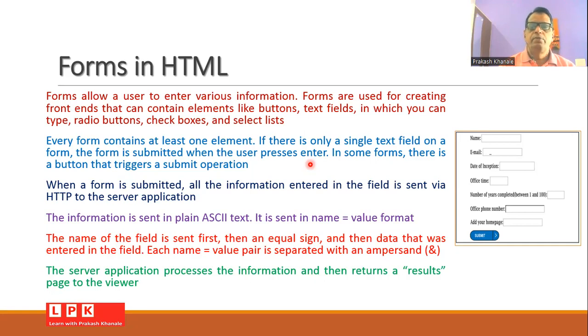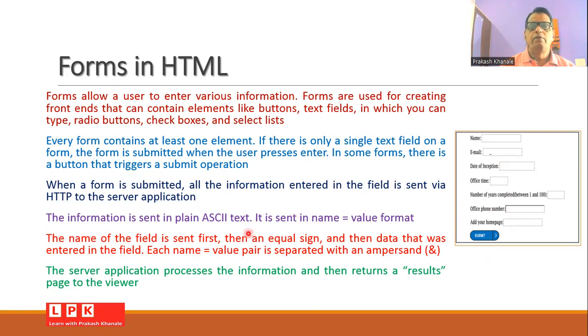In such a case, the web page will offer you a separate submit button, as shown in this figure. Whenever you type all the information and press the submit button, that information will be sent via HTTP to the server application.